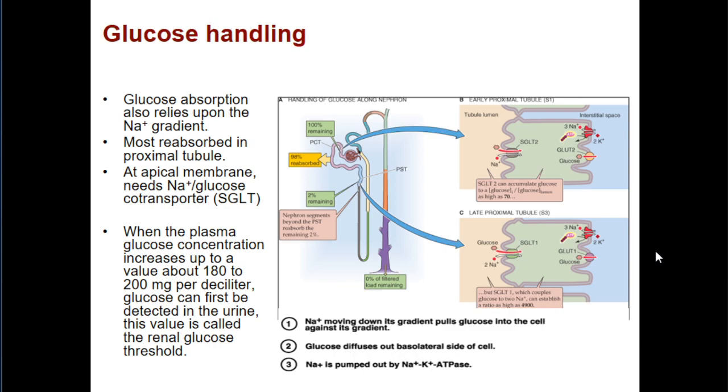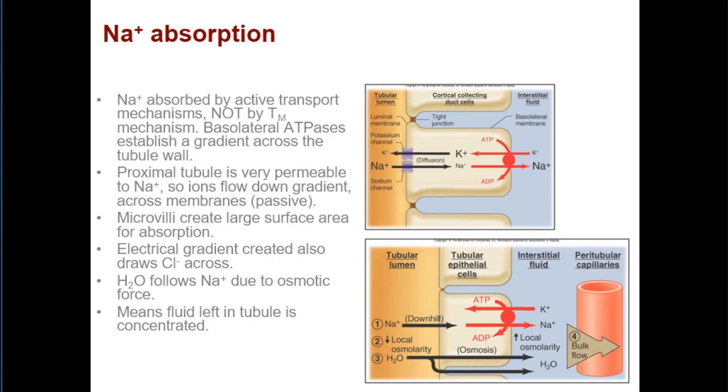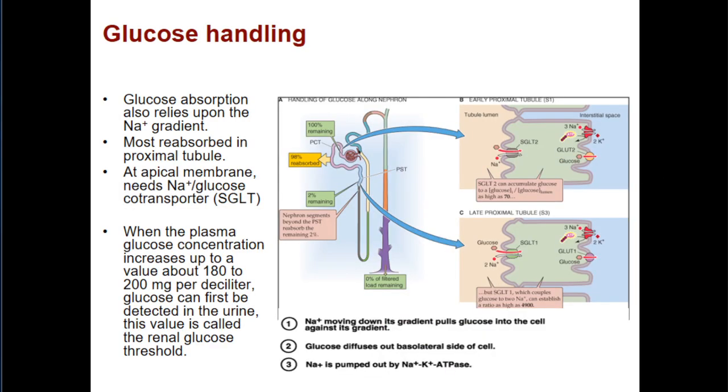And let me remind you, when plasma glucose concentration increases up to a value of about 180 to 200 milligrams per deciliter, then glucose can first be detected in urine, because all the carrier proteins will be saturated, and that's when you exceed the threshold.